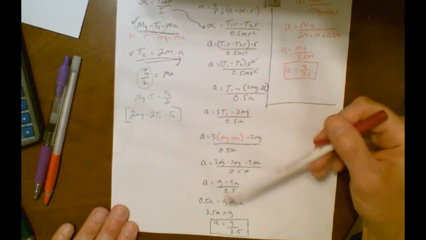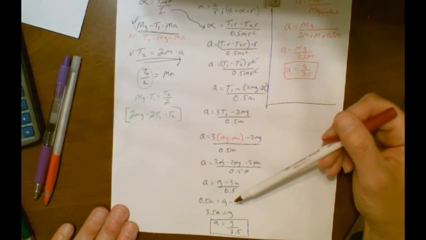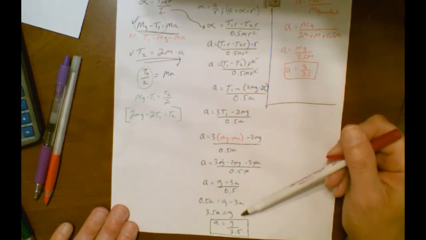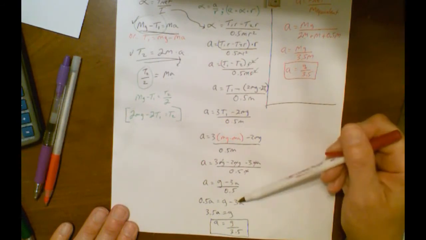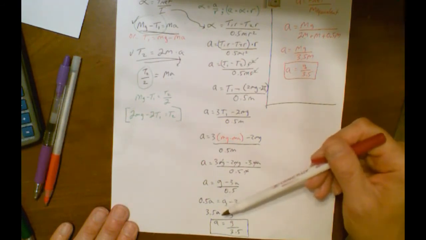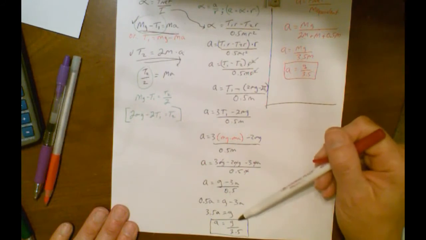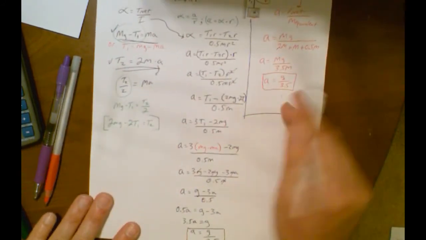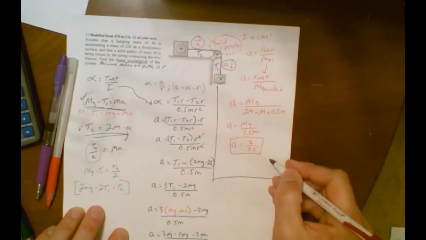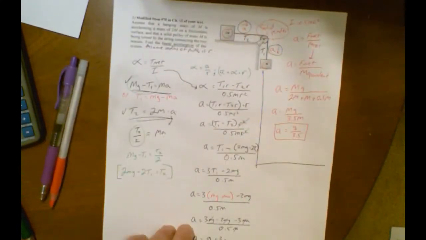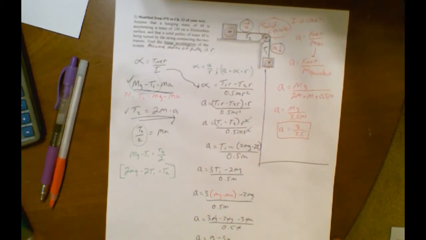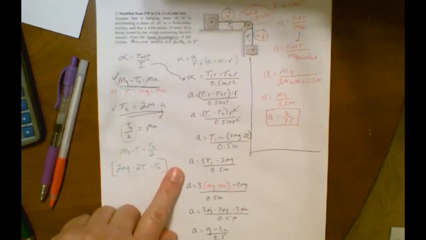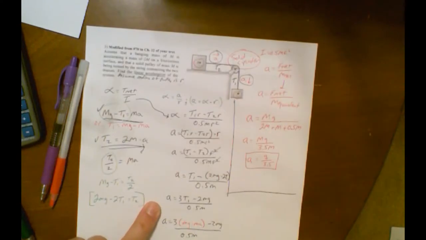Multiply both sides by 0.5. 0.5a equals g minus 3a. Move the 3a over here, add it to both sides. g equals 3.5a. a equals g over 3.5. Notice that that's the same as this. This took about a minute and a half, and this took 12 minutes, and that was with planning it. So I wouldn't do it this way. I would think about this equivalent mass.